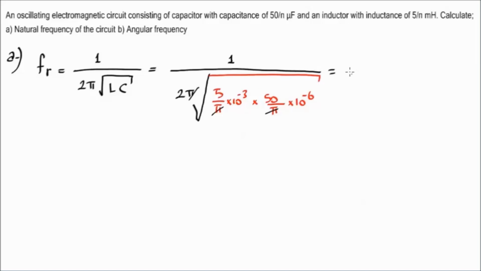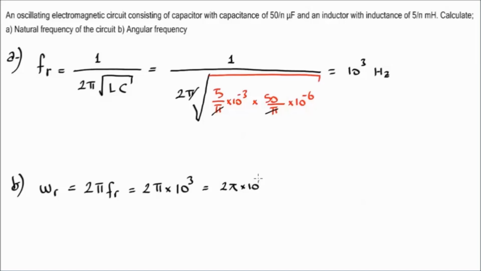In a short way, the result is going to be 10 to 3 hertz. For the B, we have to calculate omega R. Omega R equals 2π Fr, so 2π times 10 to 3, it's going to be 2π times 10 to 3. Thanks for listening.